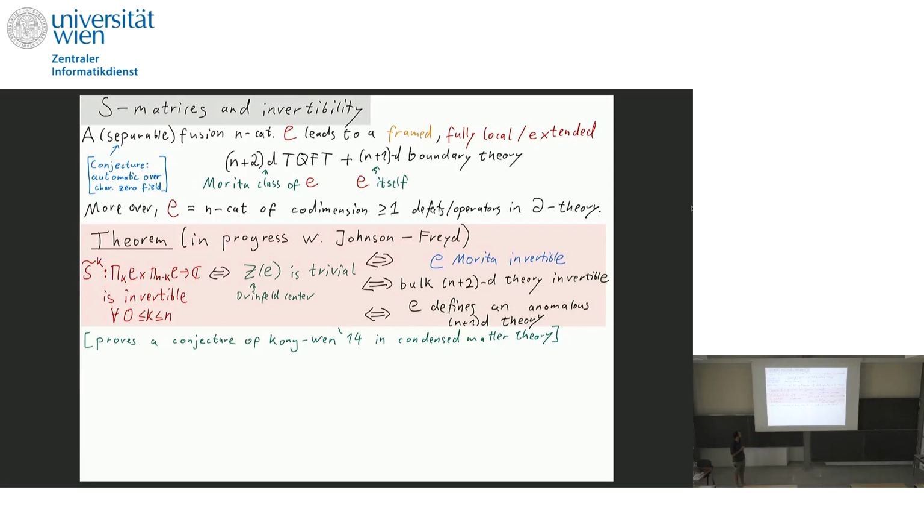If this is invertible for all k, this is equivalent to the Drinfeld center of my fusion n category being trivial, which itself is equivalent to the category C being trivial up to Morita equivalence, which of course is then equivalent to saying that the bulk theory is invertible, which is equivalent to saying that C defines an anomalous n+1 TQFT. So these fusion n categories for which all of these n+1 matrices are invertible, those you could call modular n categories, or maybe non-degenerate fusion n categories. And this proves the conjecture in condensed matter theory.